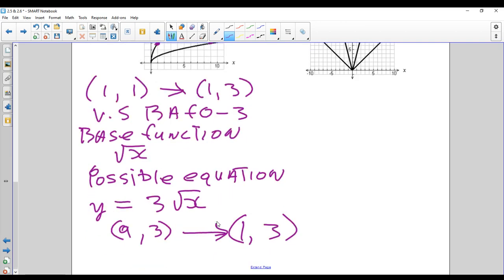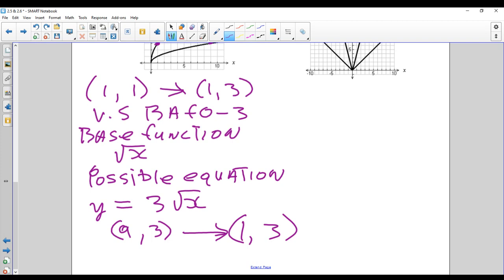You went from 9 to 1, and 3 stays the same. And you're saying it's a stretch? I don't think it's a stretch though. So I agree with horizontal, which is why my x's are changing. It went from 9 to 1. In what way? Can anybody, Aaron, go ahead.